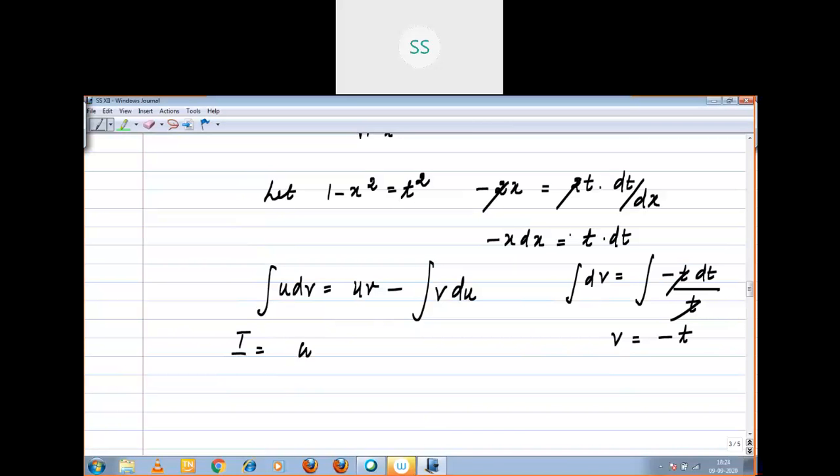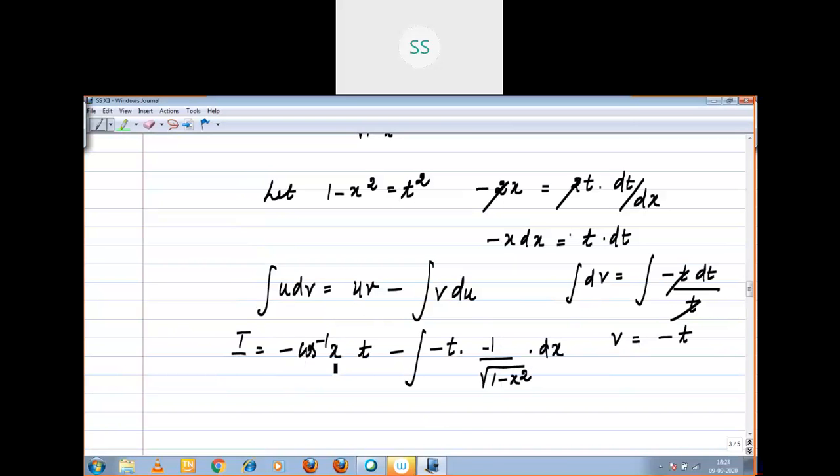U equal to cos inverse x. What is your v you found? Minus t, minus integral. What is your v? Minus t into what is your du? Du is nothing but minus 1 by root of 1 minus x square into dx.